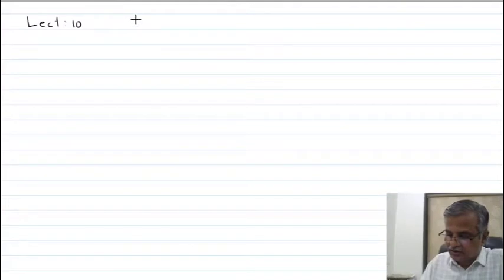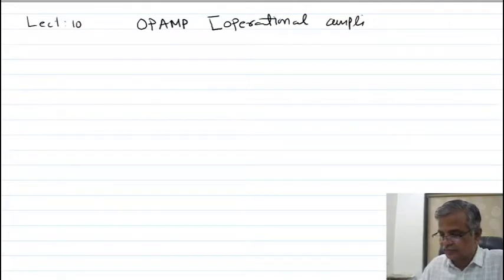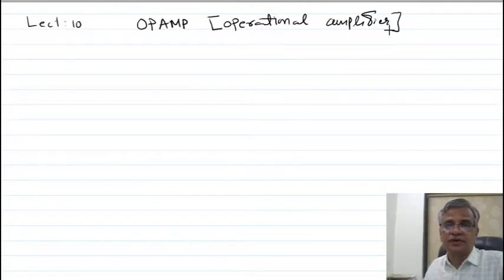In short, it is known as an op-amp, which means operational amplifier. Operational amplifier is used to perform many mathematical functions like summing amplifier, differentiator, integrator, log amplifier, and anti-log amplifier.